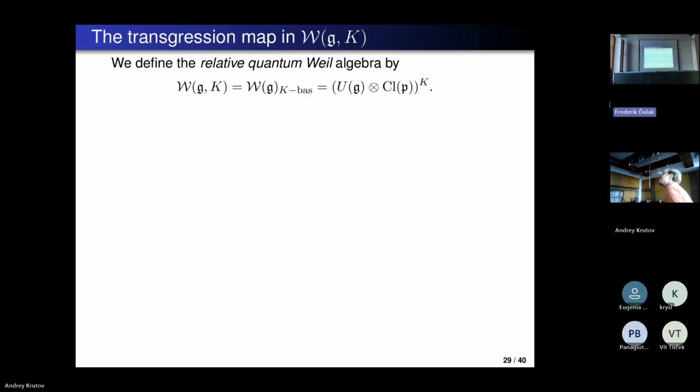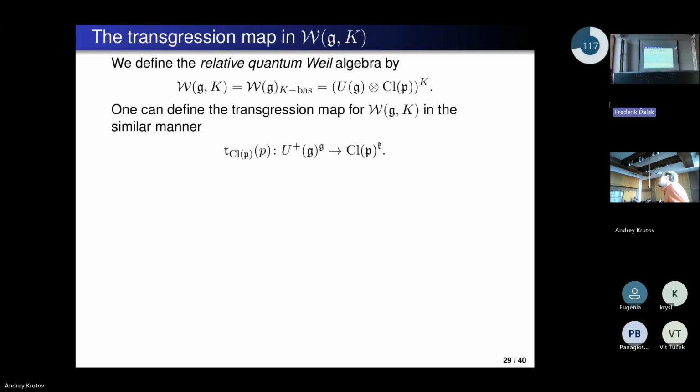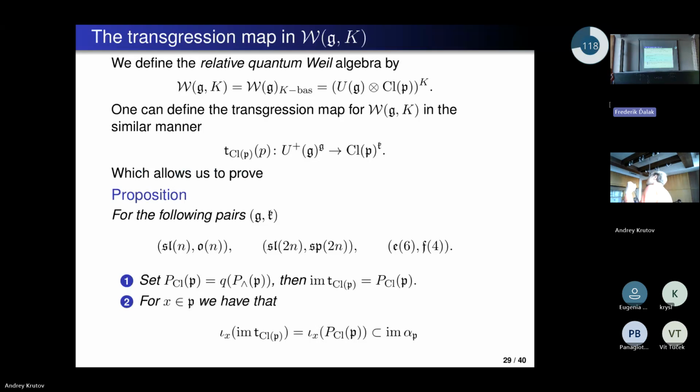Okay. Great. So the same could now, as I said, be done in the context of the quantum Weil algebra, and more or less the non-commutative Weil algebra. You define it in the same manner, and then you can prove these theorems, that again our primitive elements can be interpreted as the image of a transgression map for a Clifford algebra isotropy representation.